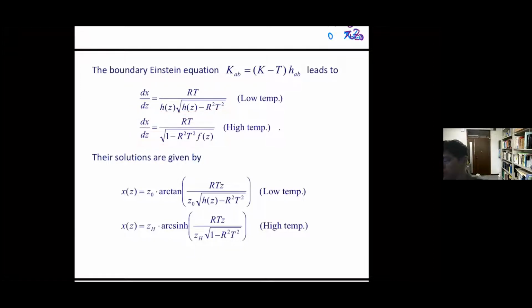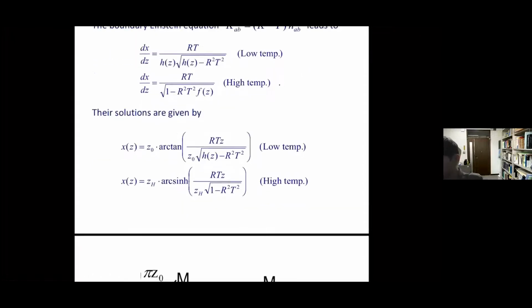Fortunately we can solve these differential equations analytically for the AdS3 example. So here are the solutions. The low temperature solution looks like this, and the high temperature solution looks like this. How do they look? That's what I would like to explain.